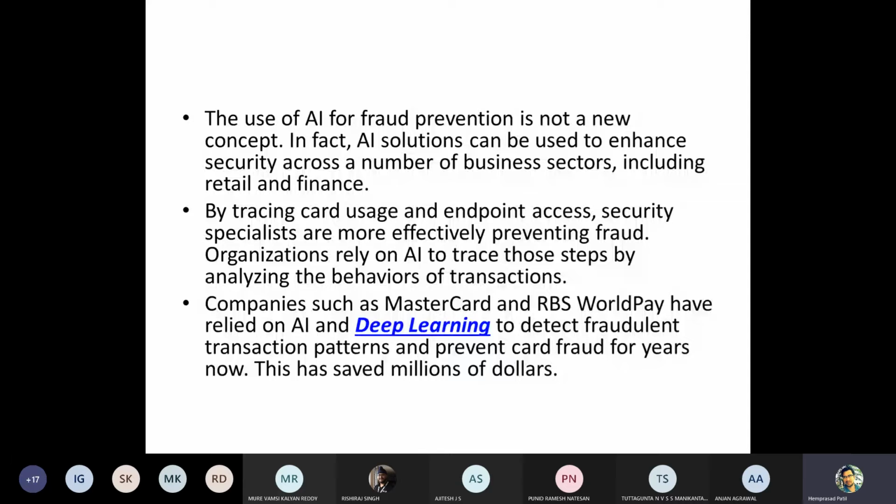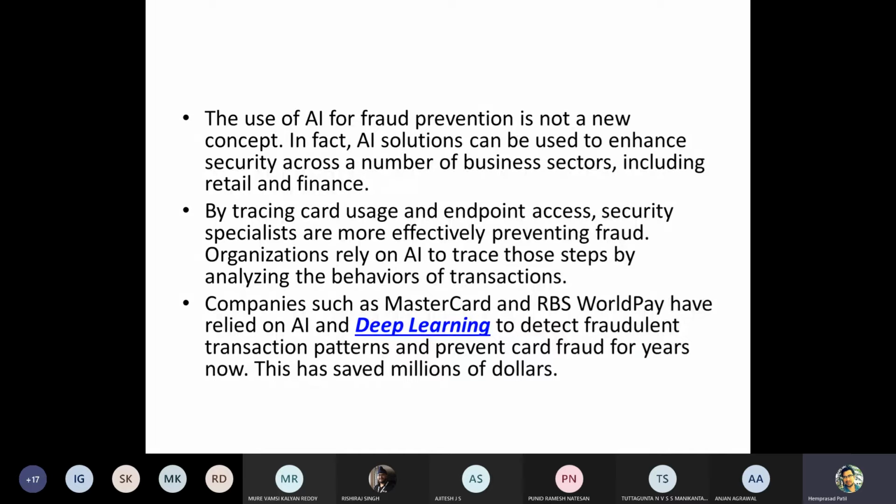Organizations rely on AI to trace those steps by analyzing the behaviors of transactions. Companies such as MasterCard and RBS WorldPay have relied on AI and deep learning to detect fraudulent transaction patterns and prevent card fraud for years now.